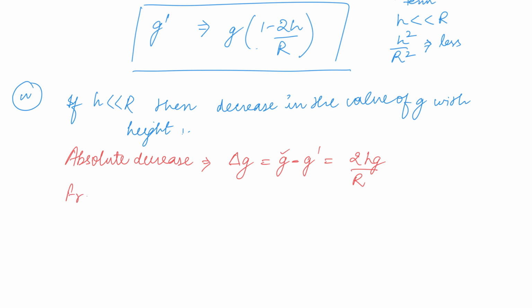We'll talk about the fractional decrease. Fractional decrease means we have to take the ratio of the absolute decrease divided by the original value.